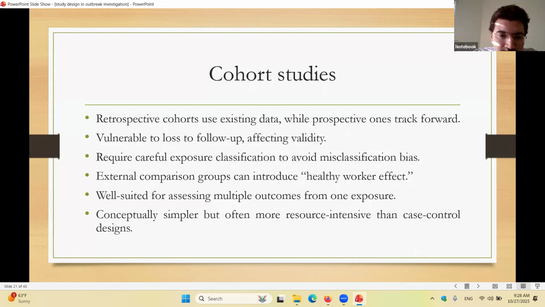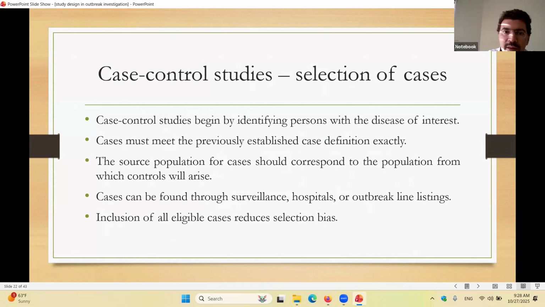And conceptually simpler, but often more resource intensive than case control designs. From this slide, I will talk to you about case control studies.